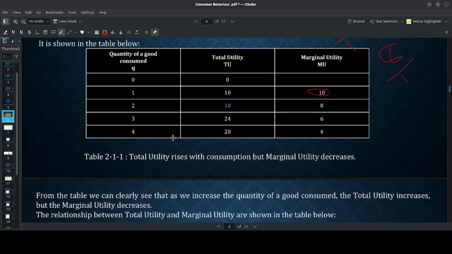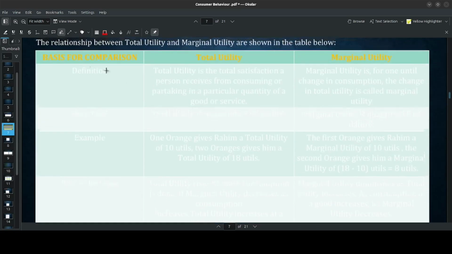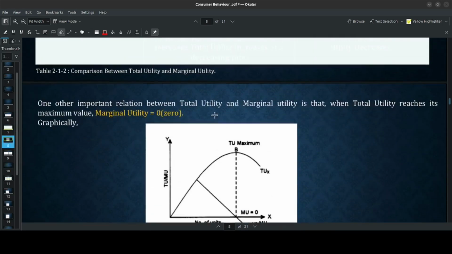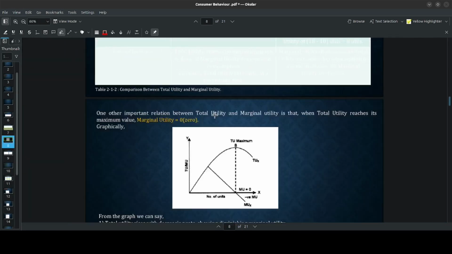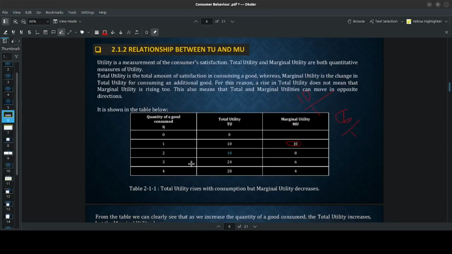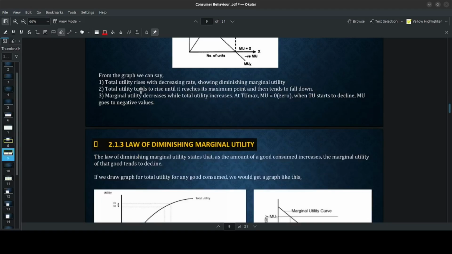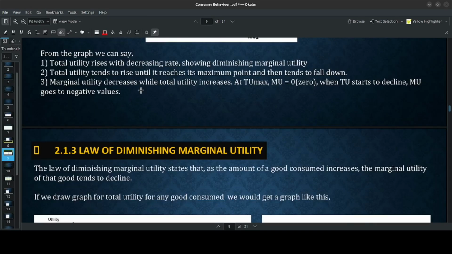If you observe the table, we can see some differences between total utility and marginal utility. Our first observation: total utility increases at a decreasing rate.